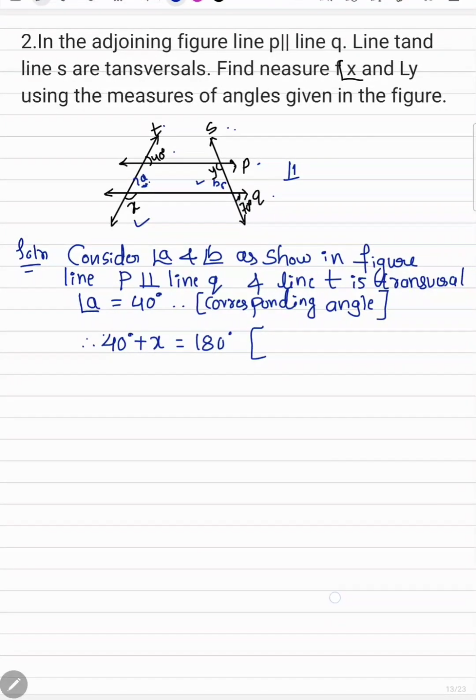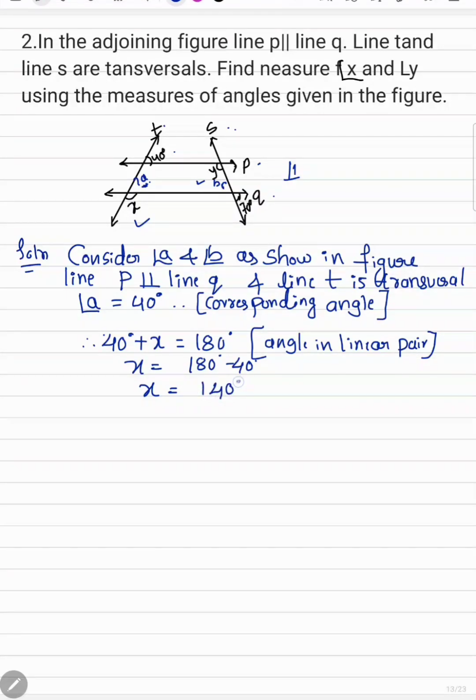Why? It is the angle in linear pair. Linear pair means 180 degrees. So here we find x, 180 degrees minus 40 degrees. It is subtraction, it is 140 degrees. Then we find the x value is 140 degrees.